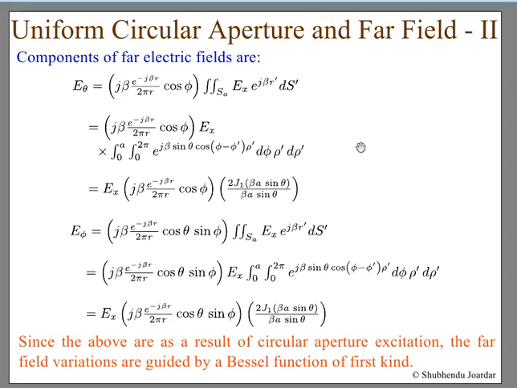In the earlier case, you found a sinc function. The sinc function was for the rectangular aperture. For the circular aperture, you will have a Bessel function in the far field pattern. Since the above are a result of circular aperture excitation, the far field variations are guided by Bessel functions of the first kind.